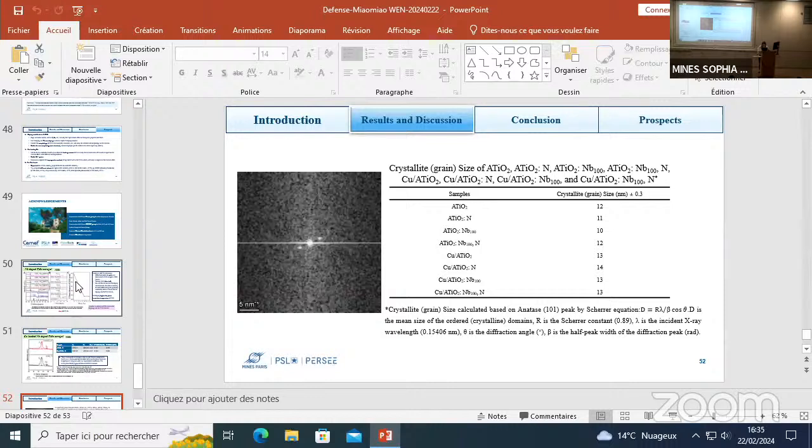So you can try to deconvolute the different peaks and have almost 4 or 5 peaks.